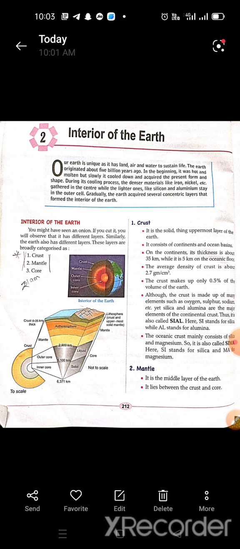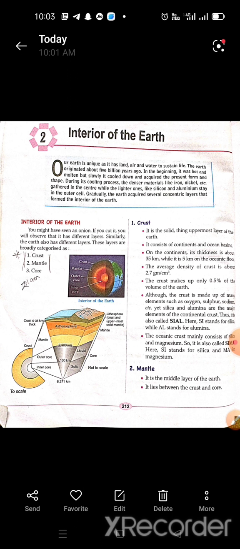So our earth looks like an onion. Our earth has mainly 3 layers, and the uppermost layer of the earth is known as crust. Then we have mantle, and lastly we have core, as you can see in the picture in your book.